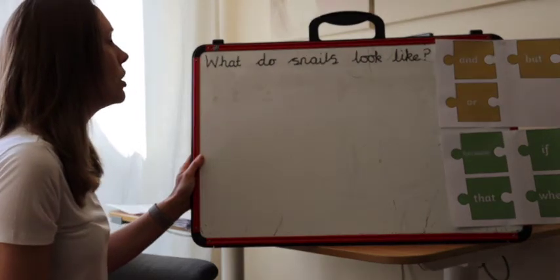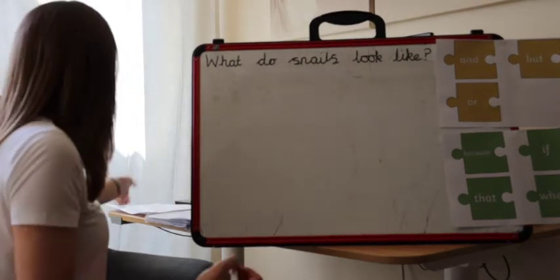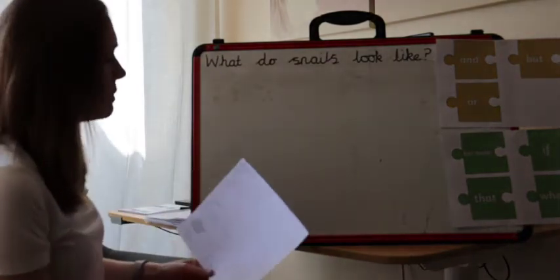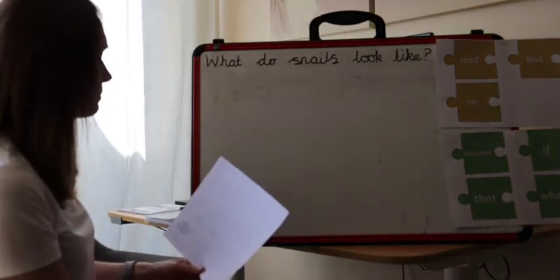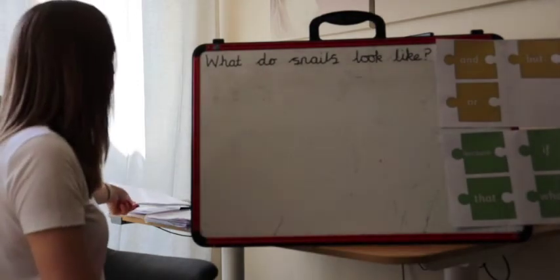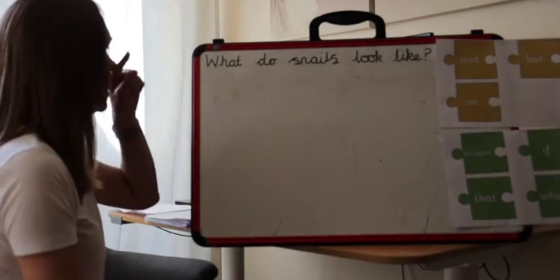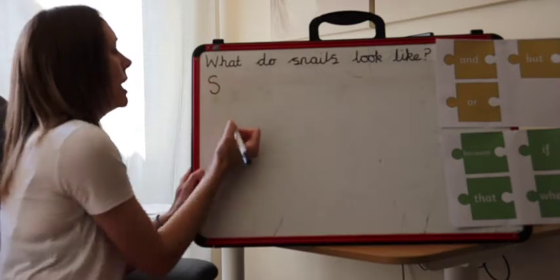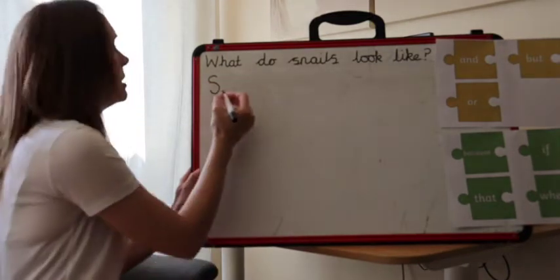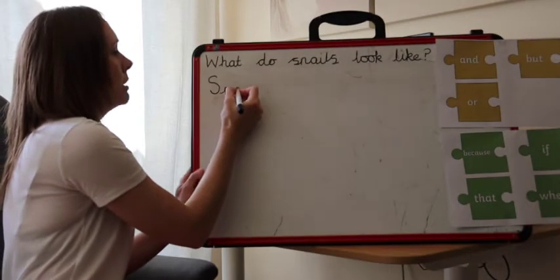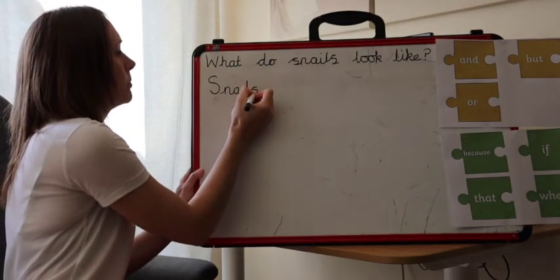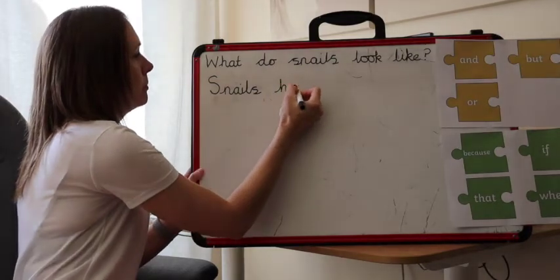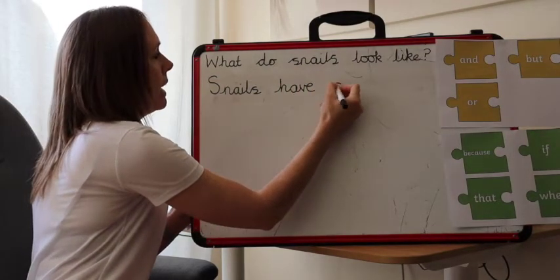So now I can start to write my sentences. I need to use my research sheet just to remind me of the things that I found out. So I found out that snails have shells. So I'm going to write about that first. So capital letter, because I'm starting my sentence. Snails have a.